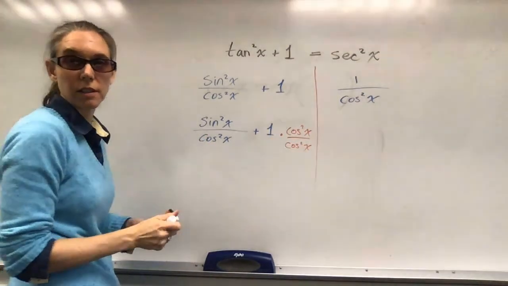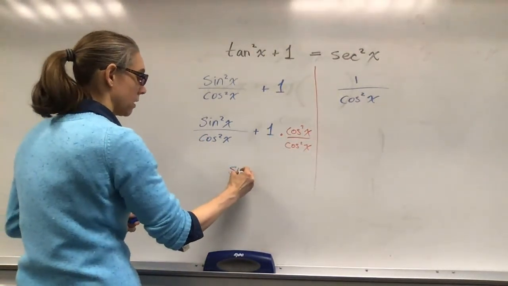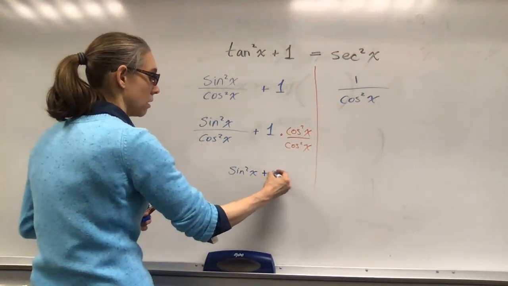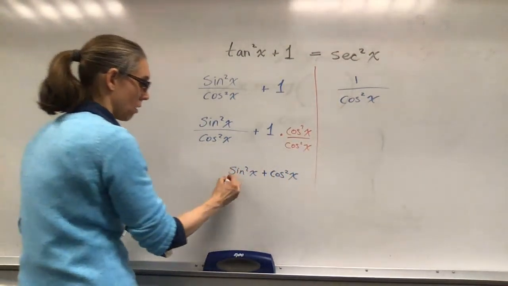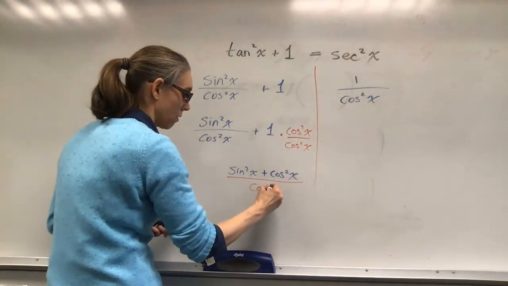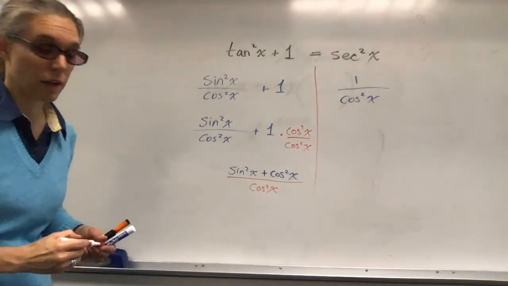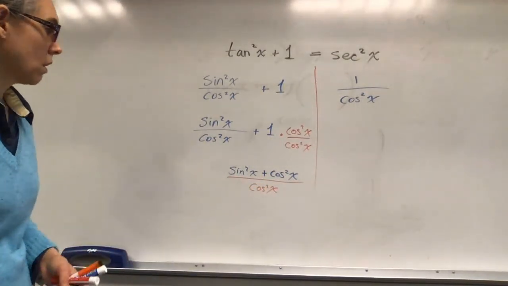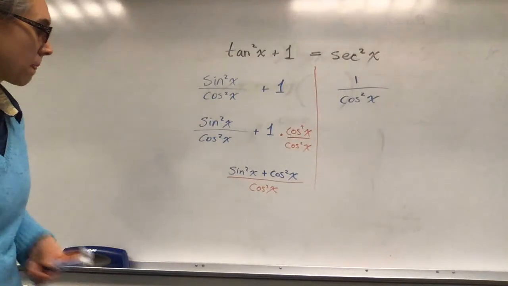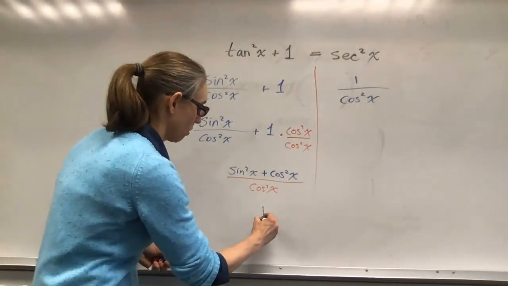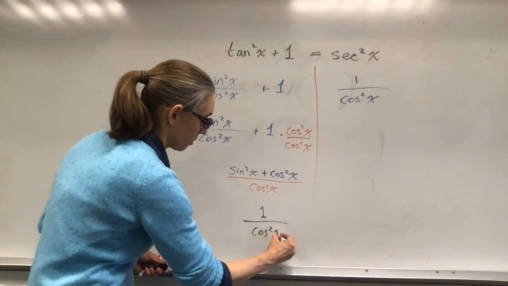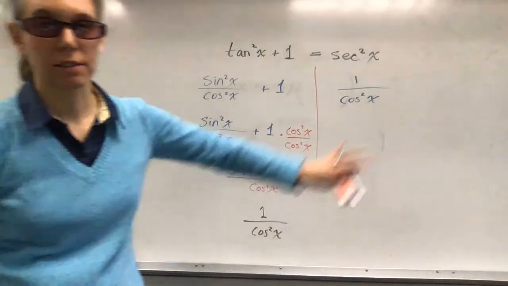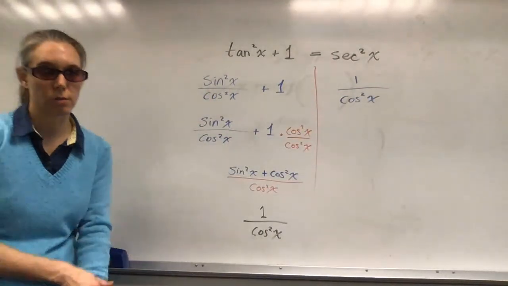And then that's going to give me sine squared x plus cosine squared x all over cosine squared x, which now I can rewrite as 1 over cosine squared x, and the left-hand side matches the right-hand side. So this was an easy proof.